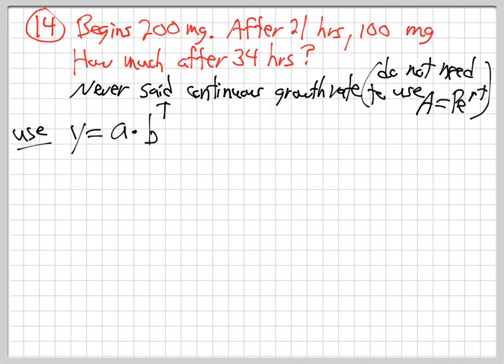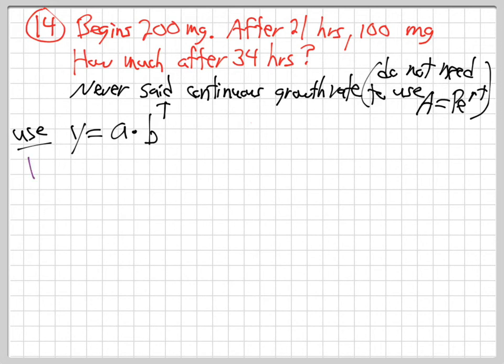Now, did they say doubling on this one or halving? They did not. So this problem's a little more tricky than the other ones we did because they never said here's the half-life, or here's the doubling time. So it's not a doubling time or a halving time.